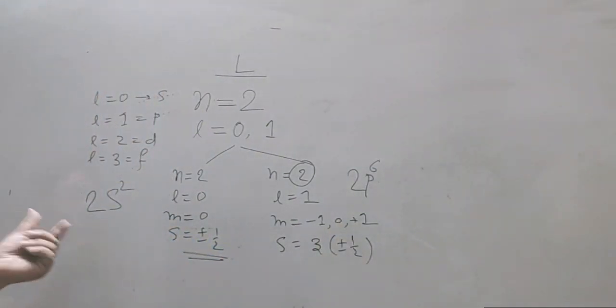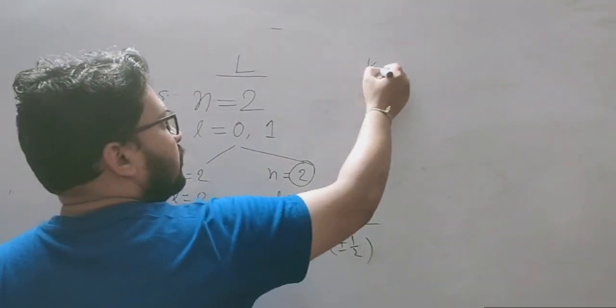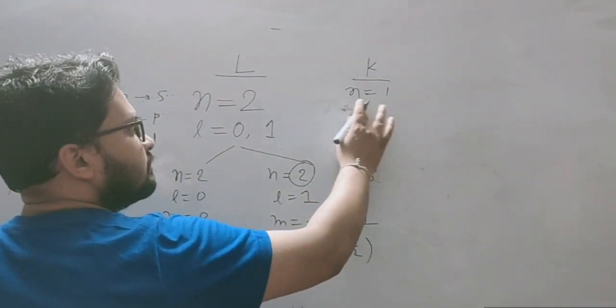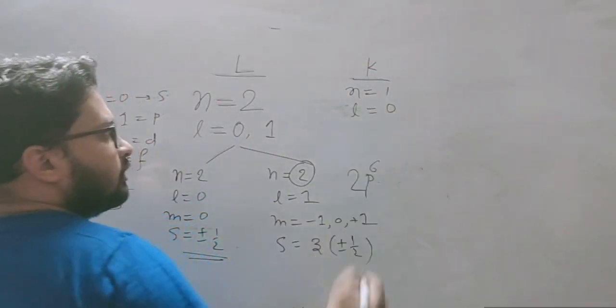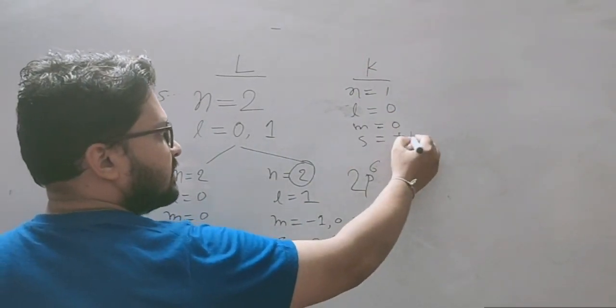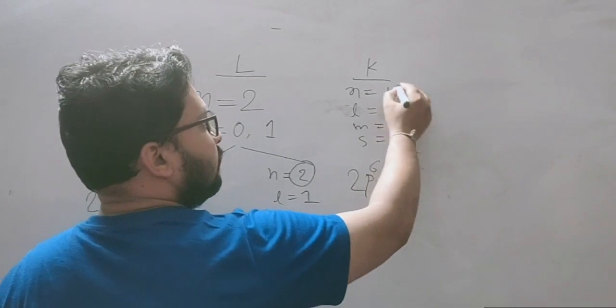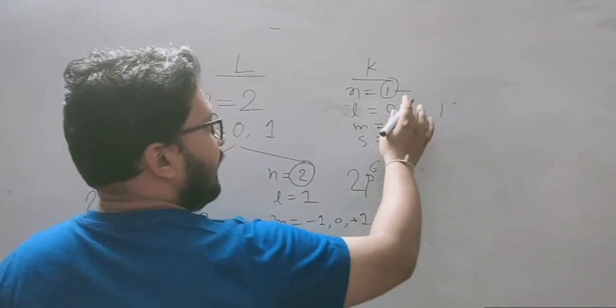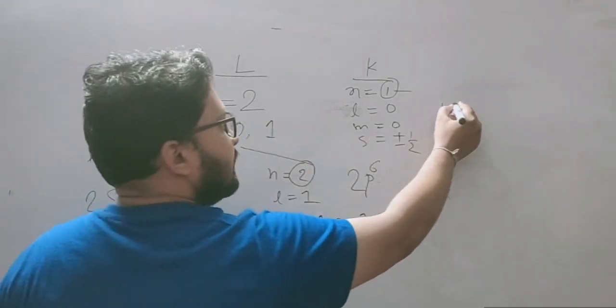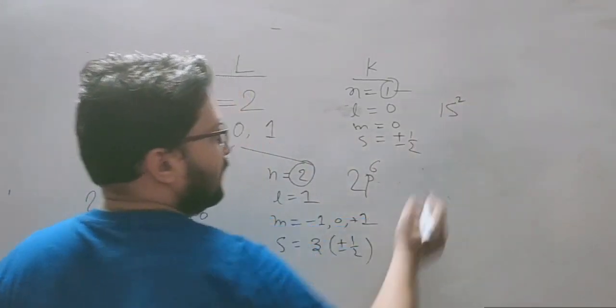So what we get for K, n is equal to 1, l equal to 0, m equal to also 0, and s equal to plus minus half. So for l equal to 0, this is s, so 1s, and the number of electrons is 2, so 1s2.